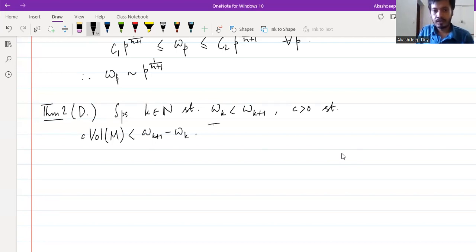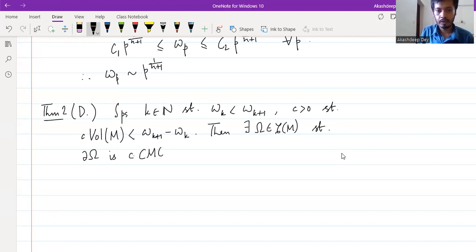Then the conclusion is that there exists omega in C(M) such that the boundary of omega is CCMC with optimal regularity, and we have the following estimate for the area of the boundary of omega: omega_k less than A^C(omega) less than omega_k plus W. So W is a one-parameter width.